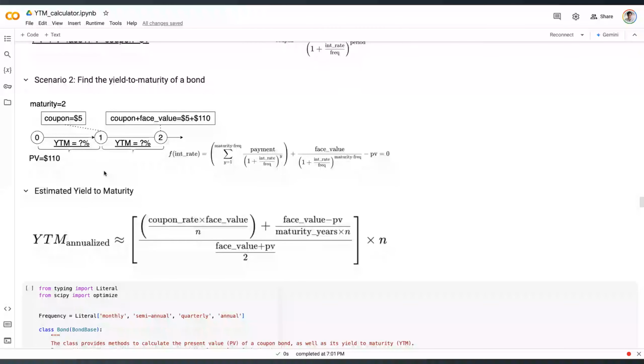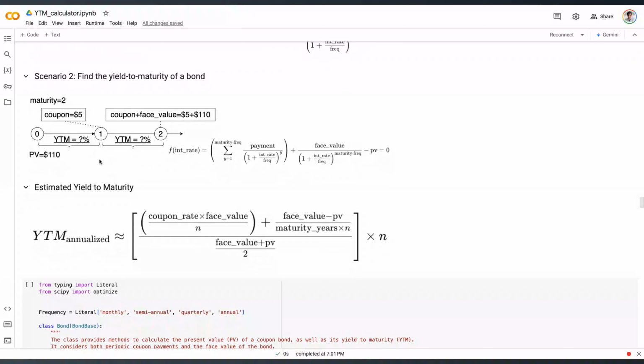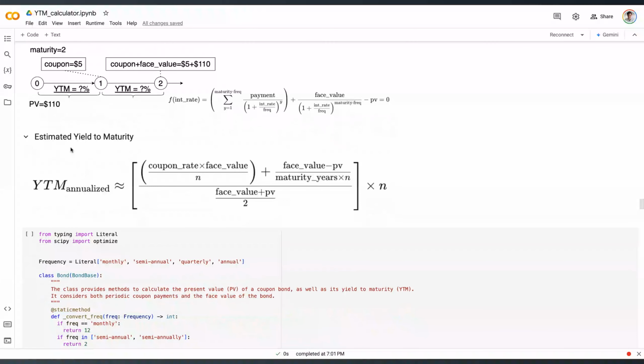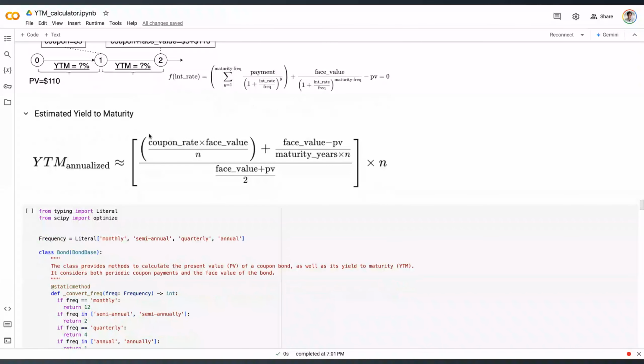This is an iterative approach, and it might be computationally expensive. That's why there is the second formula, which is the estimated yield to maturity parameter. This is the formula, and it's so much simpler.